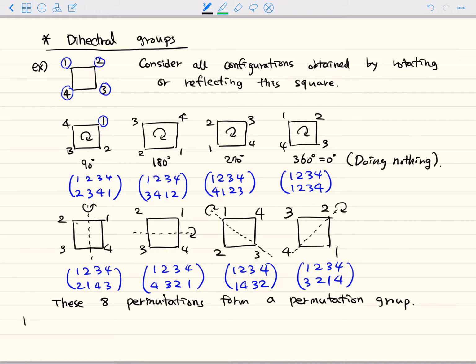And the dihedral group, let me finish by giving you the definition.